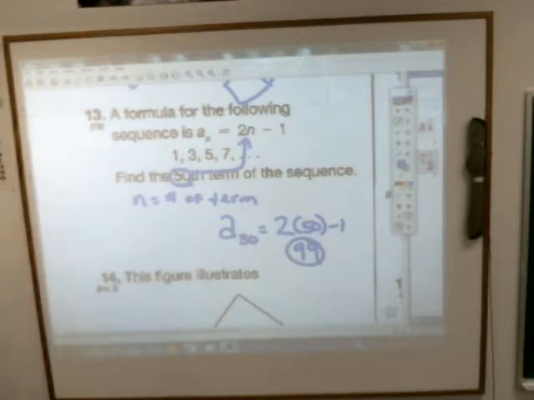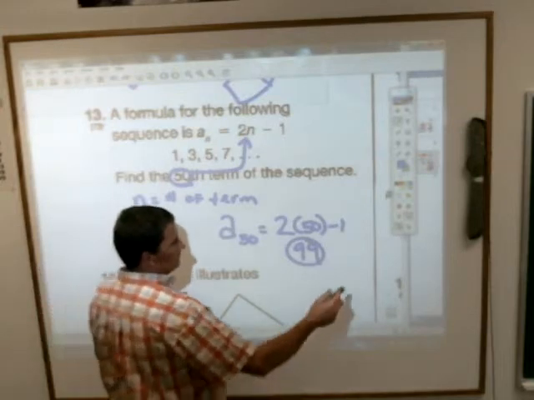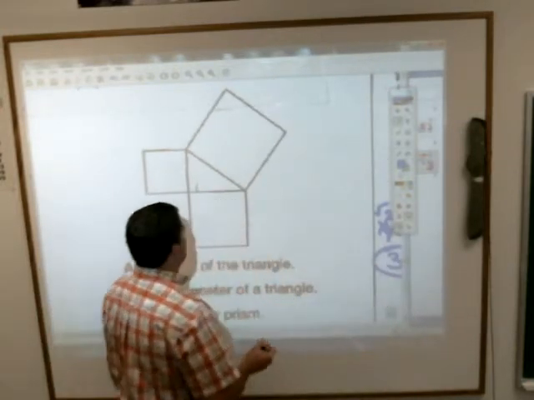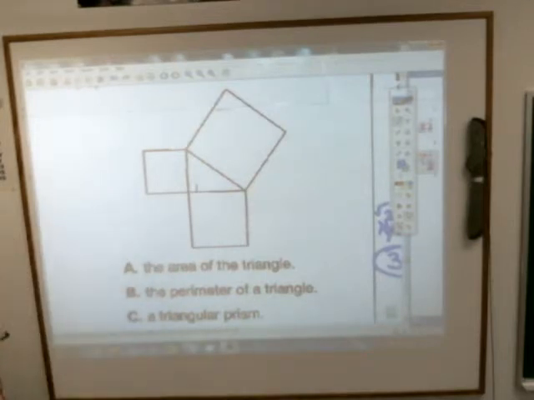I know I didn't do 14, but what is this? That's how they show the Pythagorean theorem. Oh, yeah, that is the Pythagorean theorem.